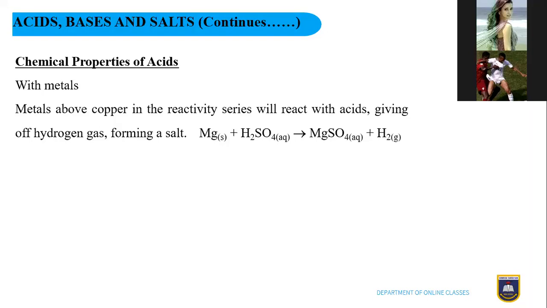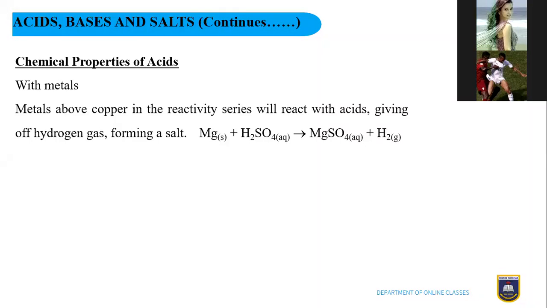Beryllium is in the same period as lithium. Will beryllium be more reactive than lithium, or will it be less reactive than lithium? It will be less reactive than lithium, because reactivity decreases across the period. It increases down the group.